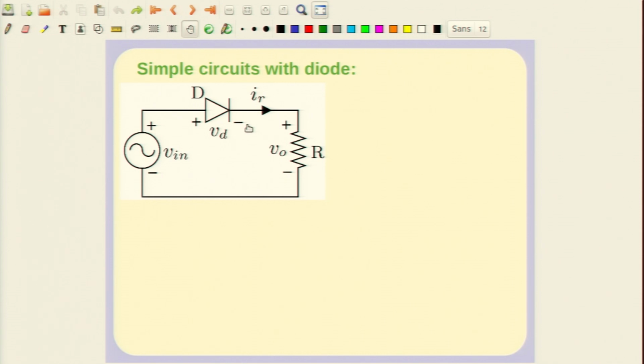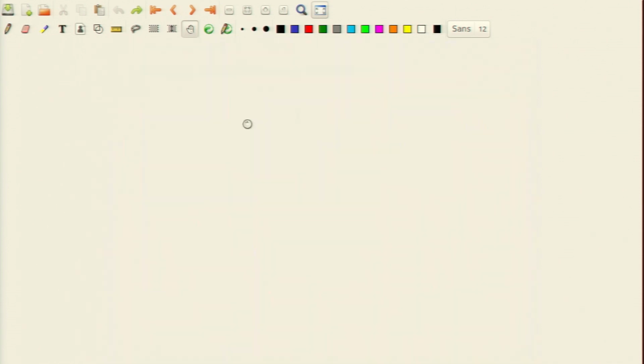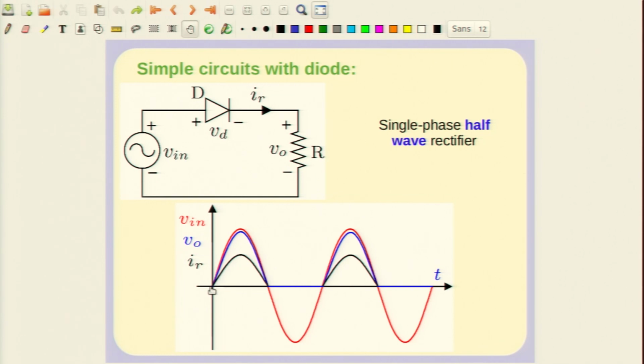So, current flow in the reverse direction is blocked. If the voltage across the diode is positive, it is forward biased, it switches on right at this instant, and it follows the input waveform till this point, but from here on it cannot conduct in the reverse direction. So, you have effectively a half wave rectified waveform.